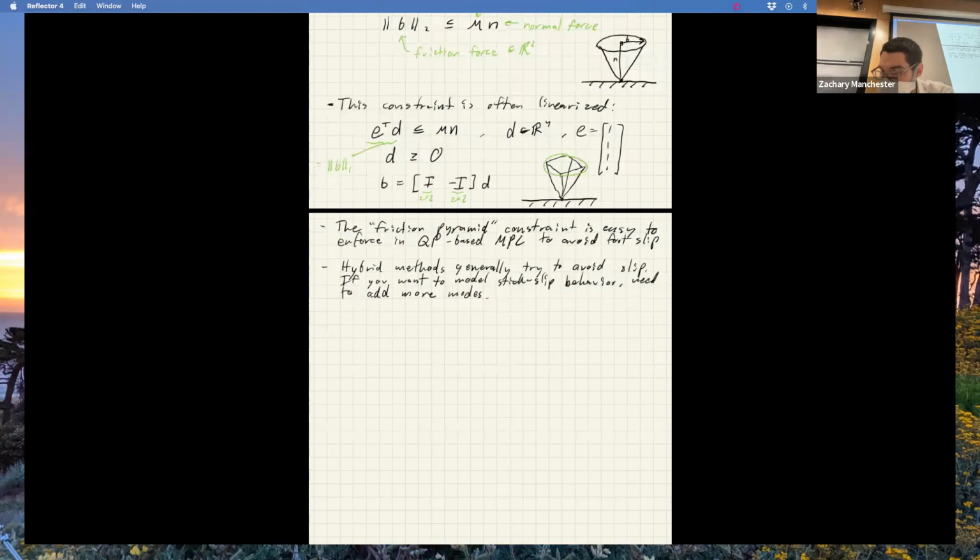What else? Yeah, so friction is hard to model. Just as a final note, this whole thing is Coulomb friction, which is a very first order model of what real friction is. So all of this is still approximate, right?